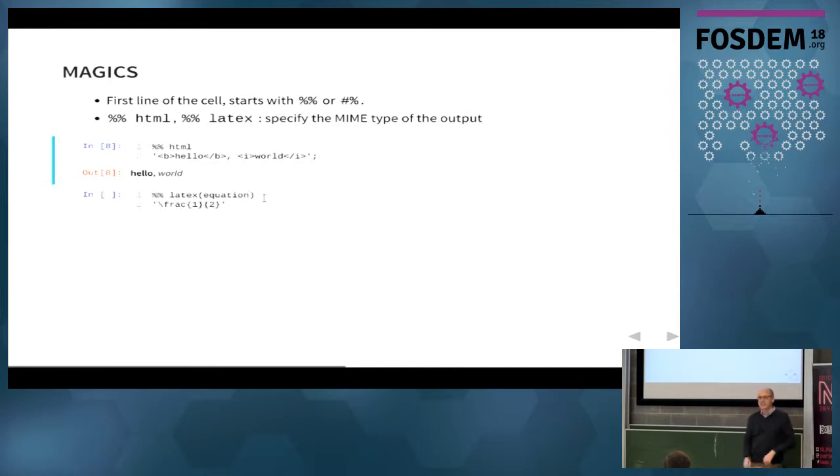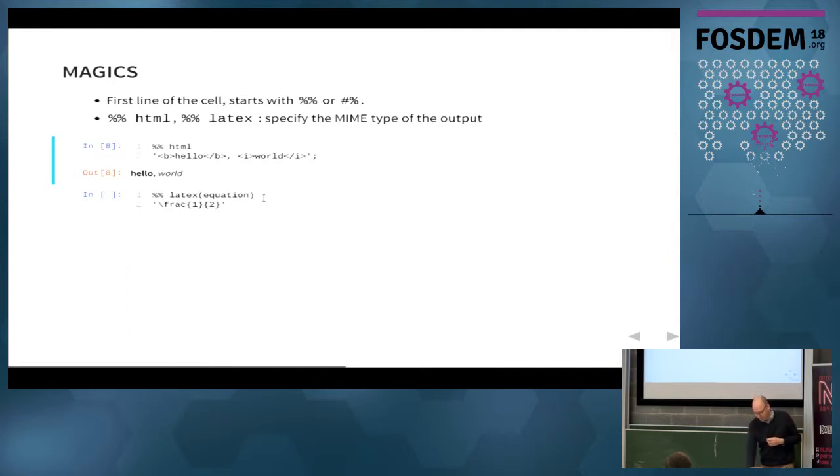You can also generate LaTeX. As you can imagine, this is a feature that was very useful for scientists sharing results with a lot of equations. The notebooks themselves support LaTeX cells, but you can also produce LaTeX output.